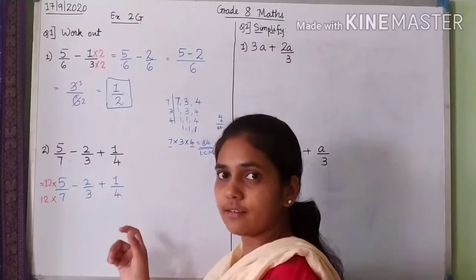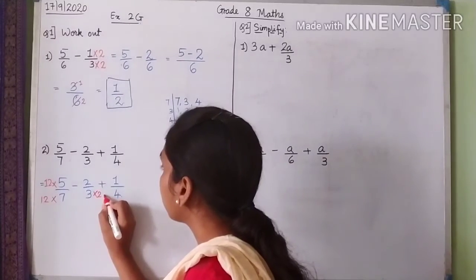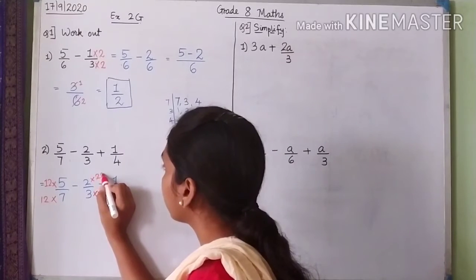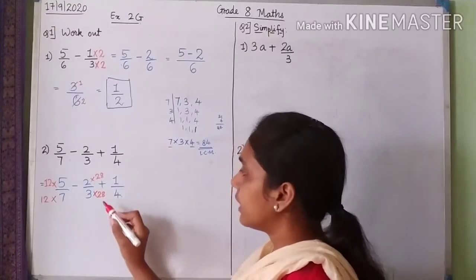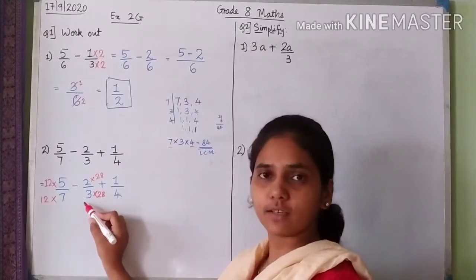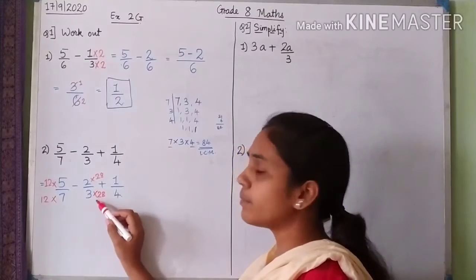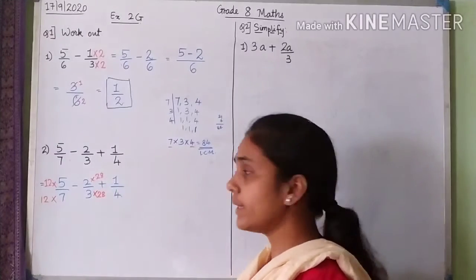You can try and check. As I have multiplied the denominator by 28, I will multiply the numerator also by 28.